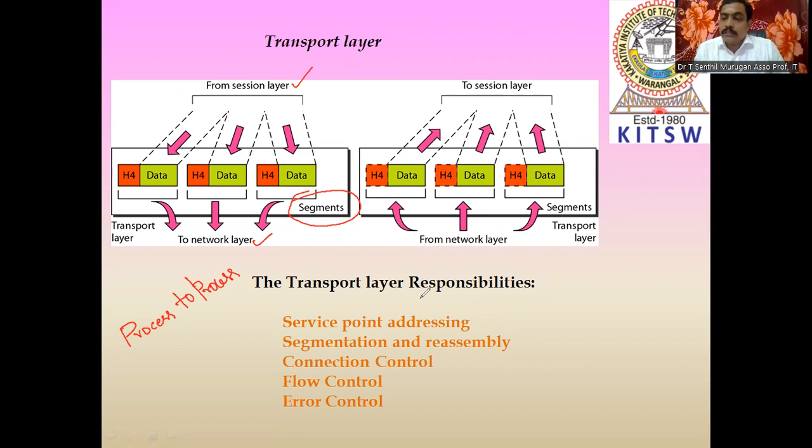For this reason, source to destination delivery means delivery not only from one computer to the next computer, but also from a specific process, WhatsApp to WhatsApp, Gmail to Gmail, as I told you. So the transport layer header must include a type of address called a service point address. That is the port address. We will discuss that in the fourth unit. Just remember, port address means service point address.